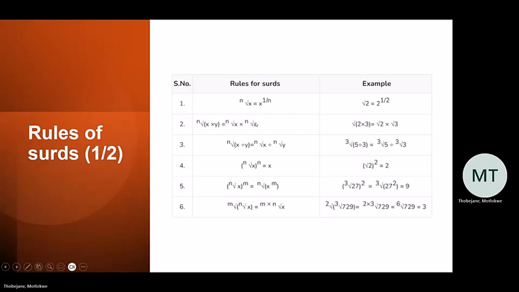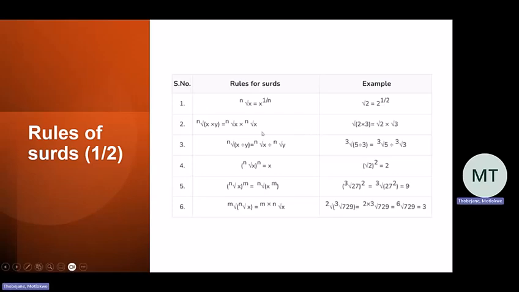For example, the square root of 2 times 3 is equal to the square root of 2 times the square root of 3. This is what it means.